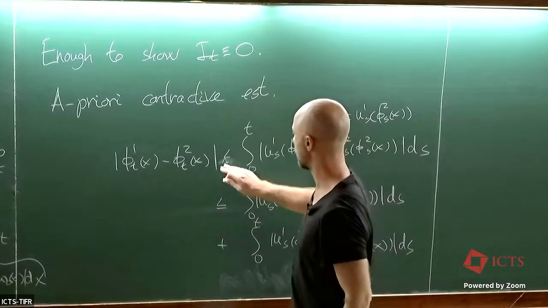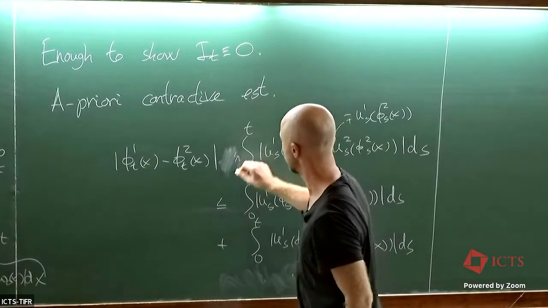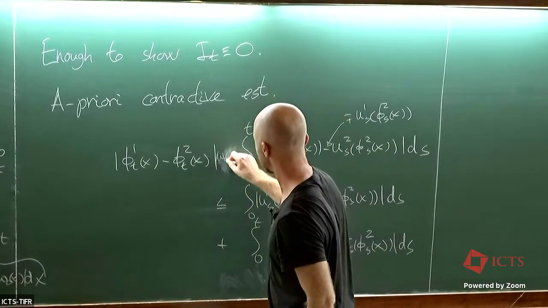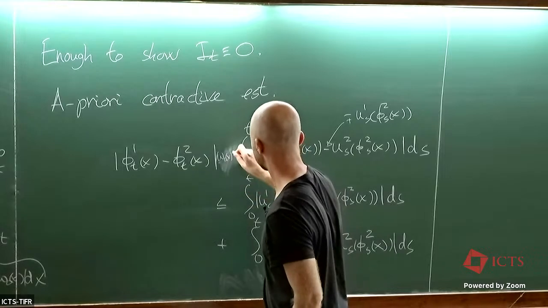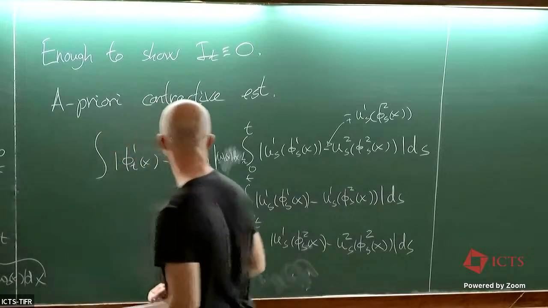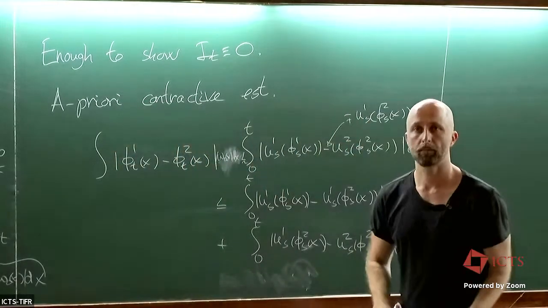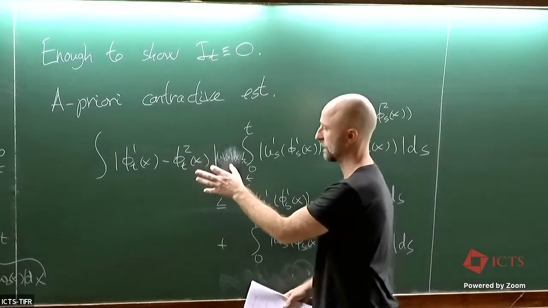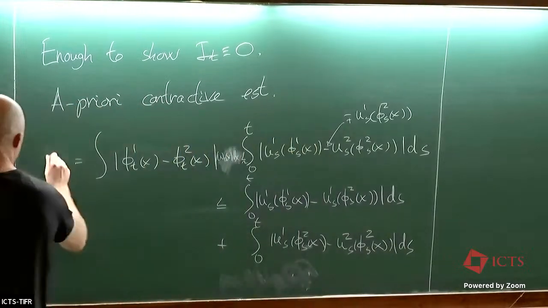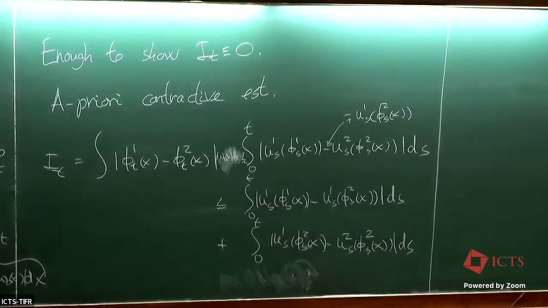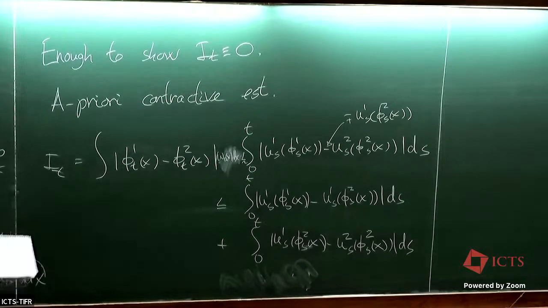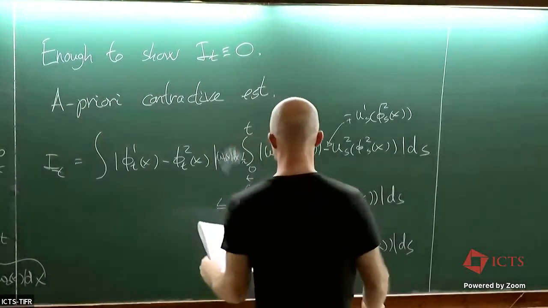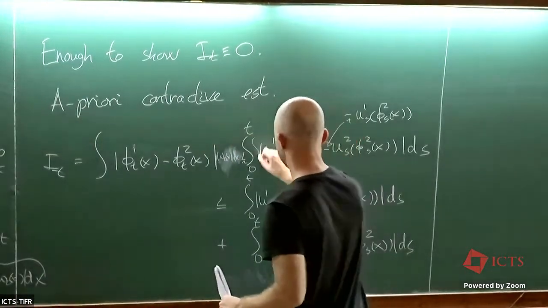Let's now integrate this one against omega naught in x dx. Can you see? I'm just integrating in space now. So this thing is really IT as we defined it over here. And so we integrate in space. Okay, fine here.